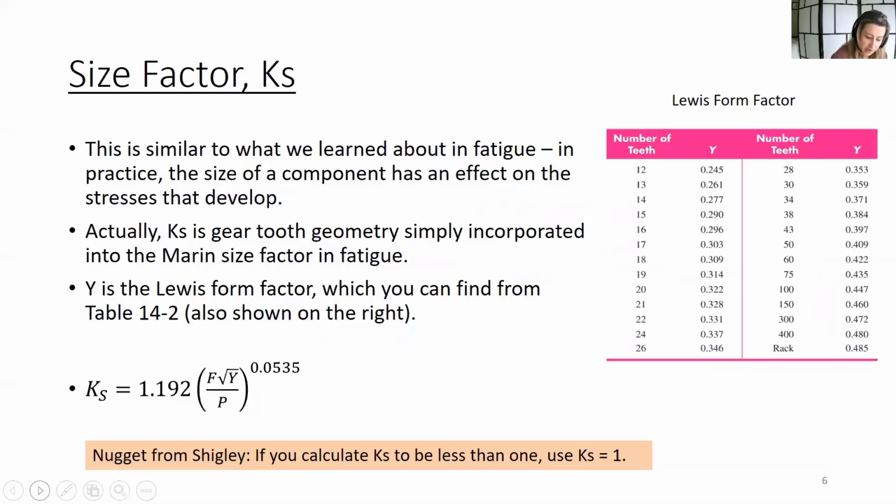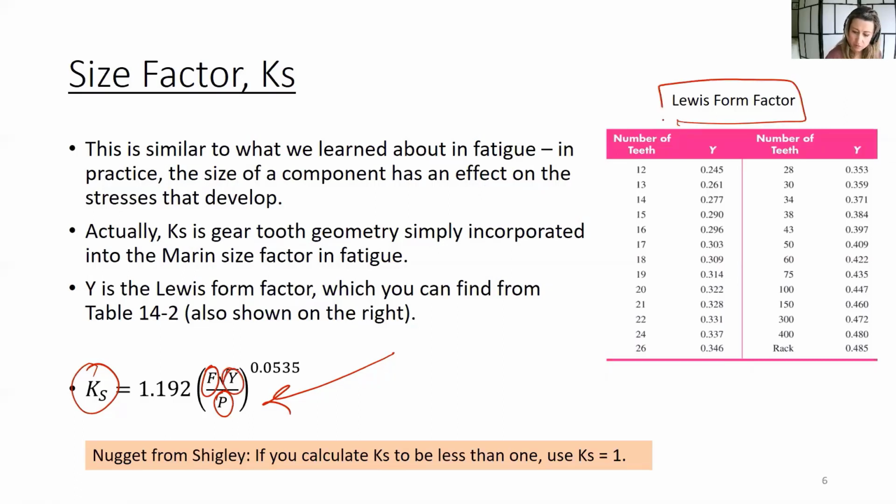In this Ks formula, I don't think it has an equation number in the text. It's just listed, but this is how you find Ks. It's a function of the face width, the diametral pitch, and Y, which is the Lewis form factor. This is a table in the textbook.